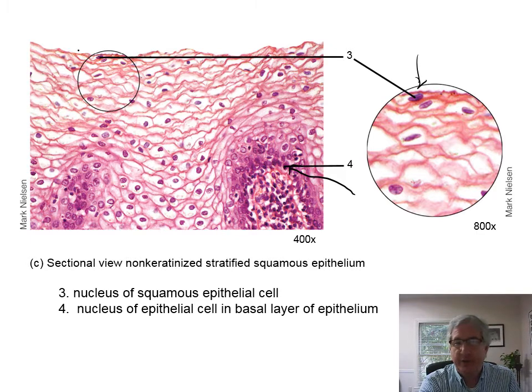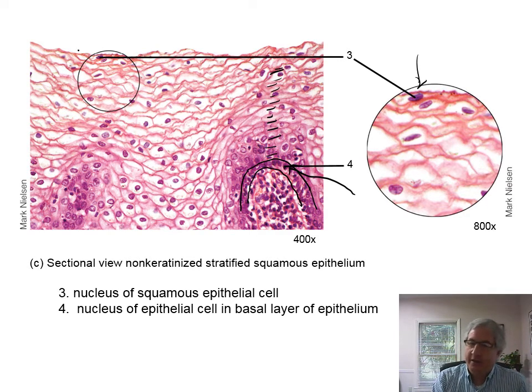So this is the basal layer down here of the epithelium. And then as the cells divide and go up here, they start dying. They're generally not alive as they get farther and farther away from the blood supply.